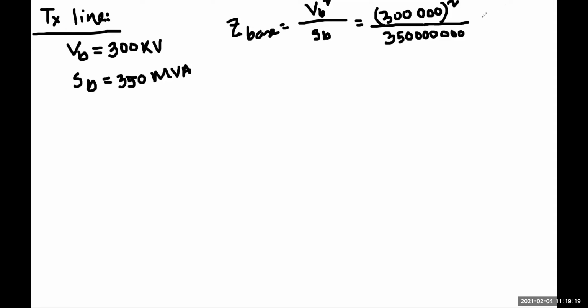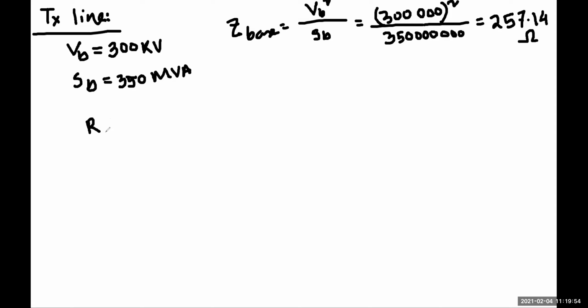Right? Got my point? So what is your Z base now? 300 square divided by 350. It is 257. How much is it? 257.